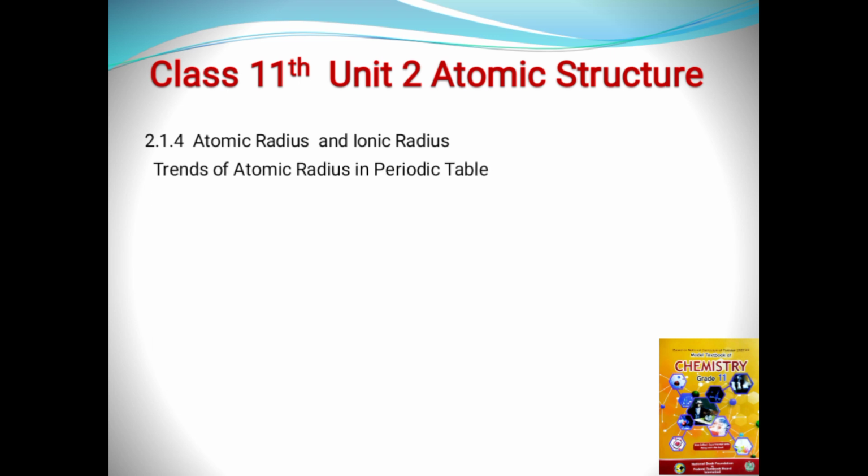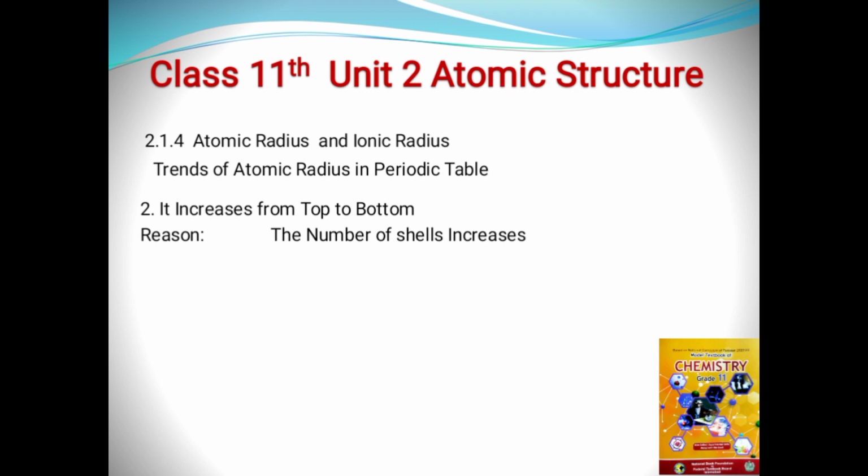Trend in atomic radius in the periodic table, and this is part 2. It increases from top to bottom in a group. Along the group from top to bottom, the atomic radii increase. The reason is that the number of shells increases as we move down the group.